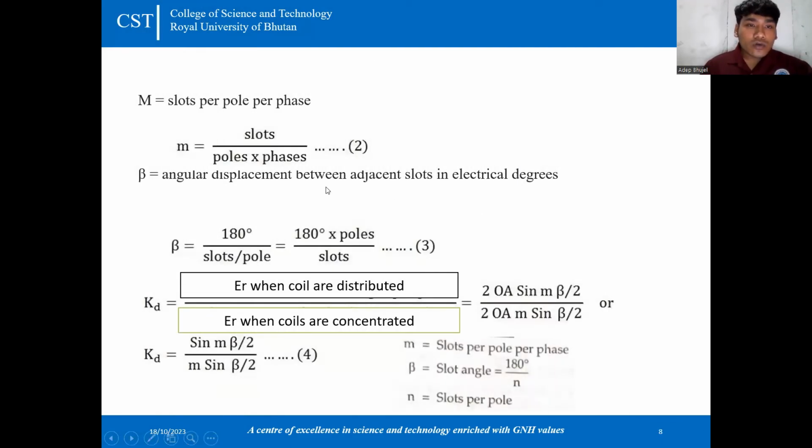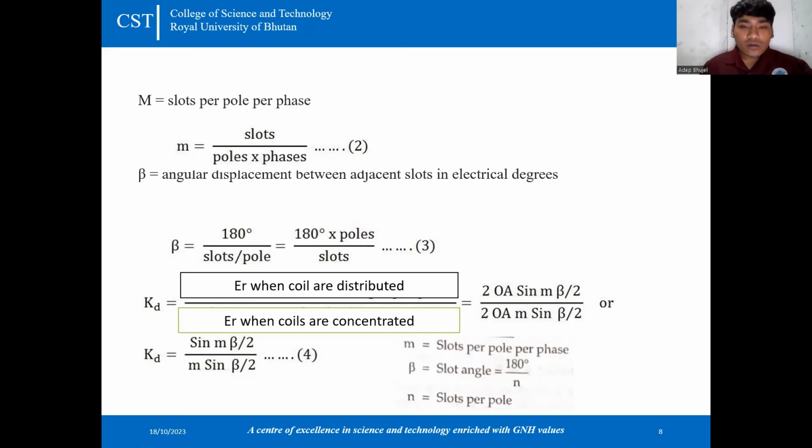To calculate it, we have some other terms like M, which stands for slots per pole per phase, calculated as M equal to slots divided by pole times phase, and beta, which we already know is the slot angle.